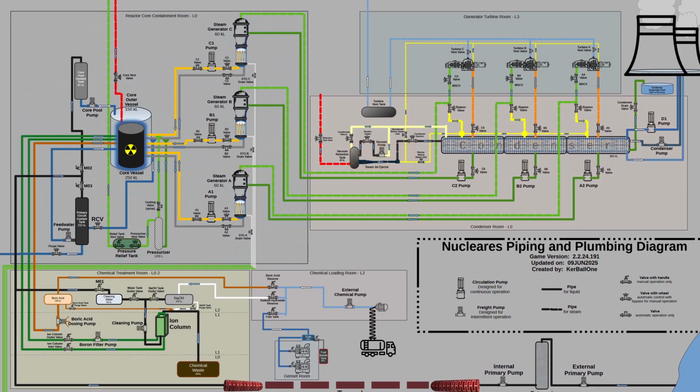So we'll look inside this box for now. Also we got the core vent which goes out to the atmosphere, and then we have a relief tank vent valve which goes also to the atmosphere.